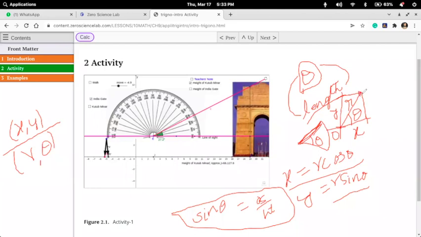They both represent the same point, but the difference is x is the distance from the origin, and y is the distance from the x-axis up to that point. So x is the distance parallel to the x-axis, whereas y is the distance parallel to the y-axis, right? So you have to take this one as reference.